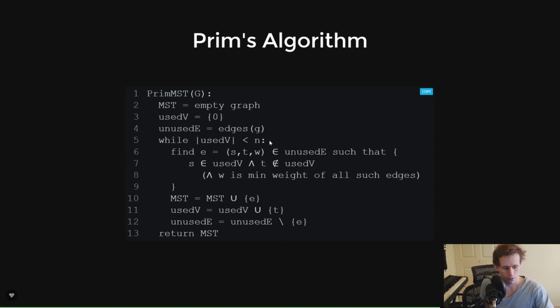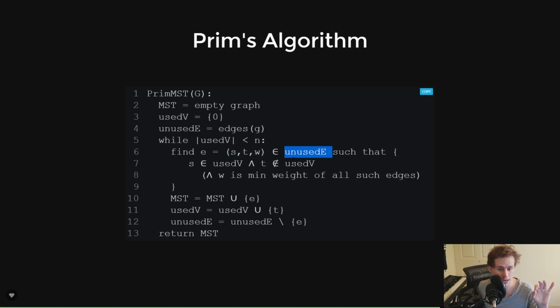So you create an empty graph, which is your minimal spanning tree. You add a random vertex to it, say the first vertex. You get all of the unused edges in your minimal spanning tree. And then whilst you still have more vertices to connect, because you know you have to connect all the vertices, so you know when you actually finish the graph, what you do is you find an edge, start, target, weight, in the list of unused edges.